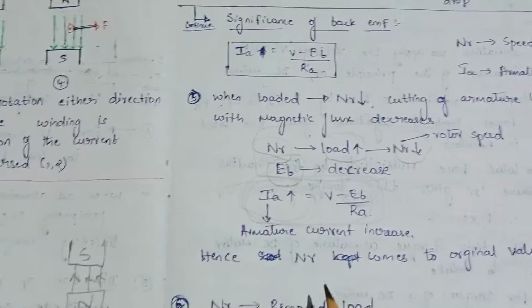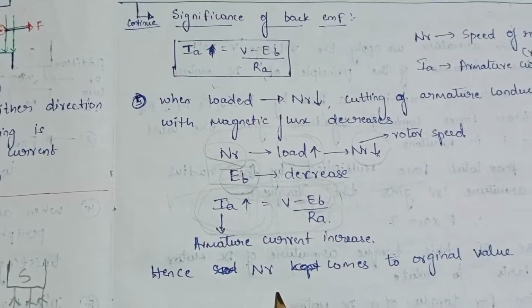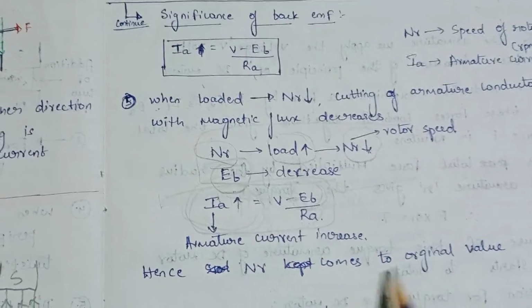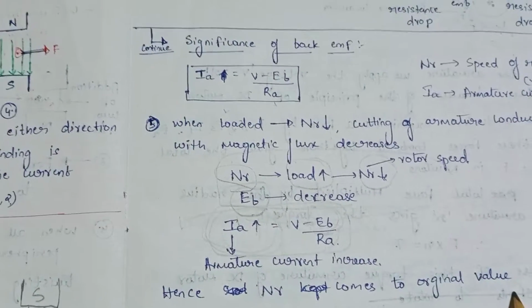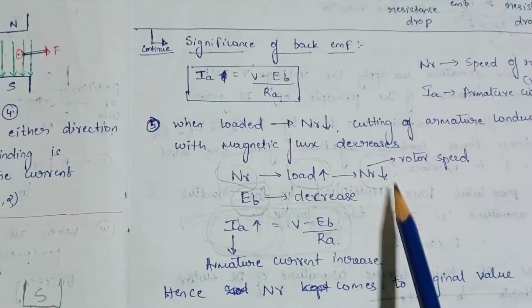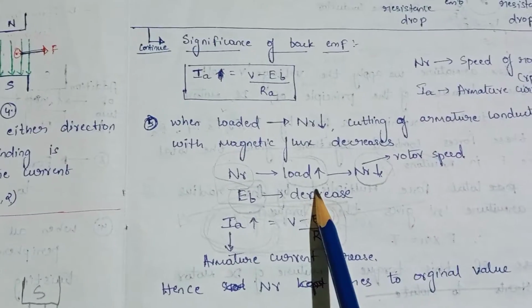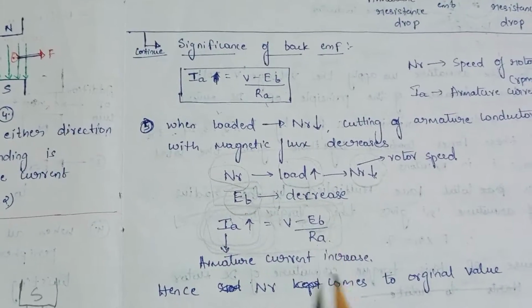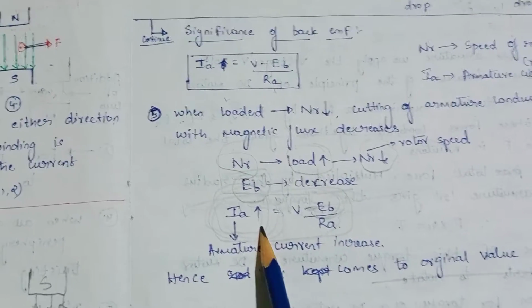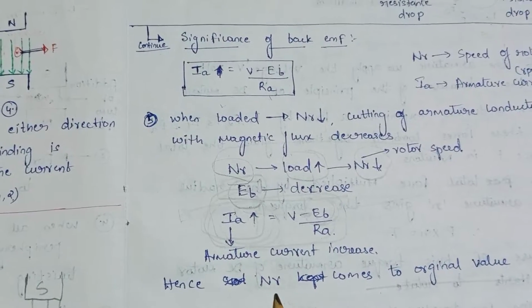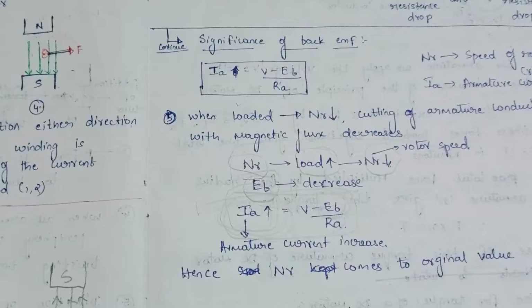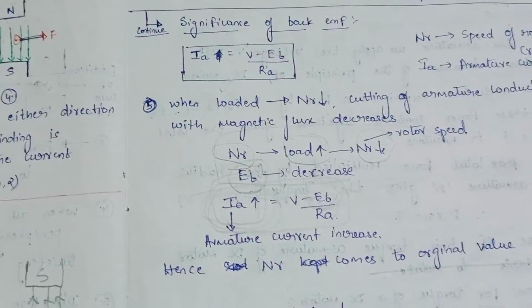Hence, what happens? The N, the rotation speed of the armature, comes to the original value. It had decreased because of load, but it has increased because of the armature current. Hence, the armature speed comes to the original value, which makes the motor self-regulating.